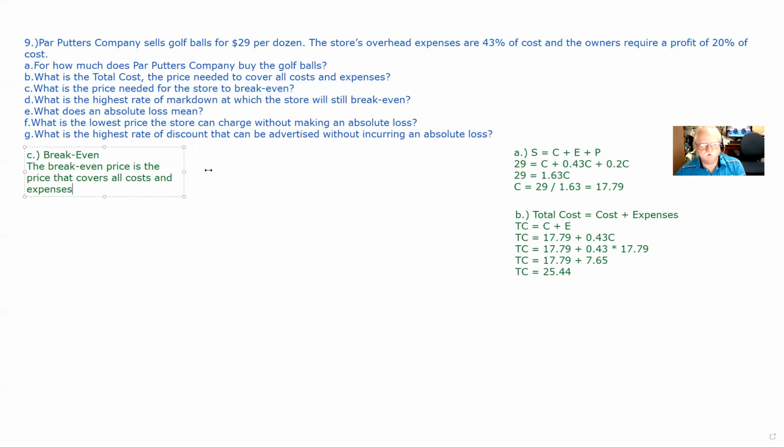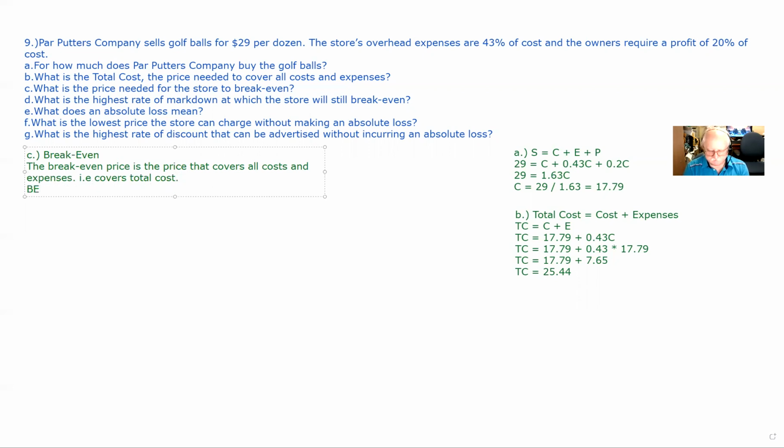The break-even price is the price that covers all costs and expenses, i.e. covers total cost.